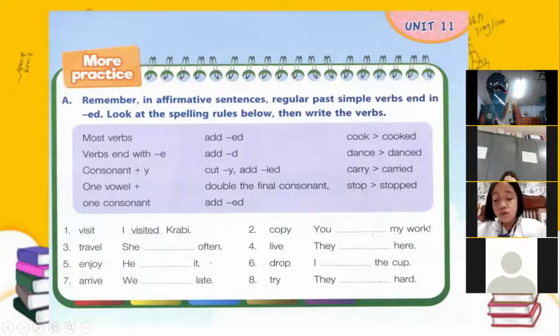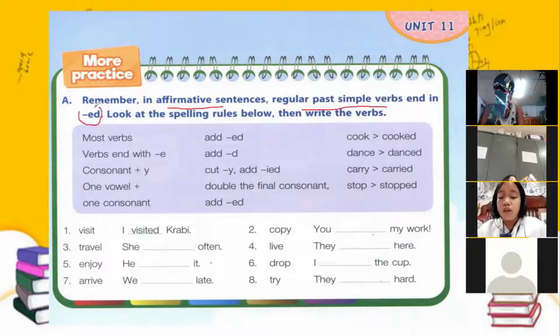Okay, now here we are going to learn how we change the spelling rules. So here you have to remember that in affirmative sentences, regular past simple verbs end in ed. As I already mentioned, regular verbs in the past simple tense end in ed.